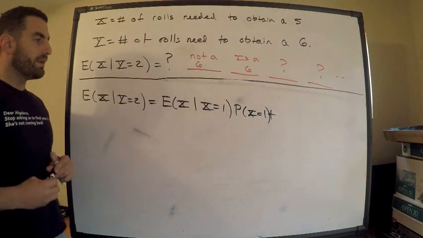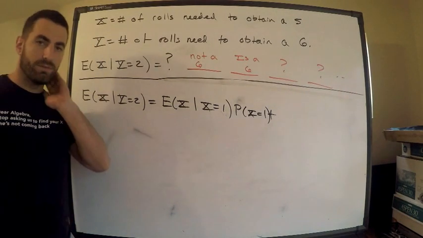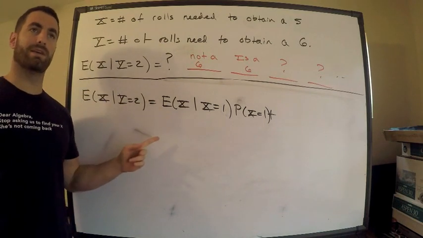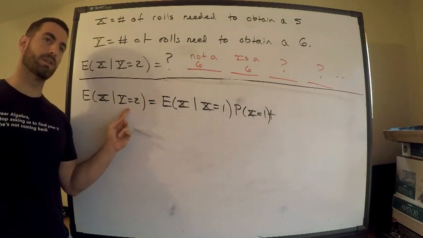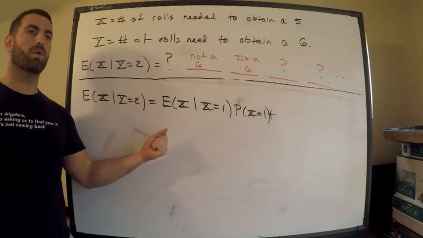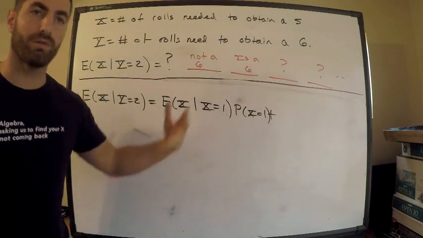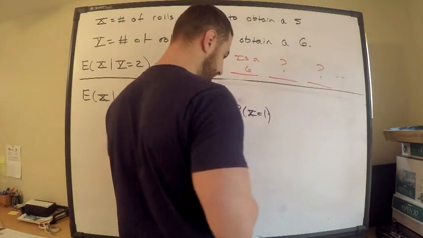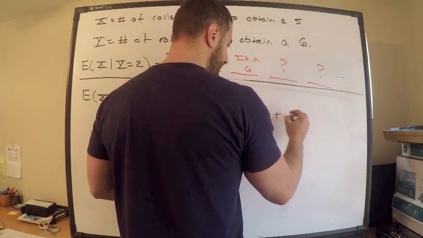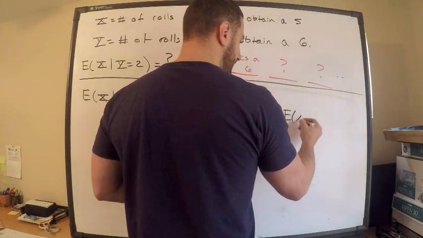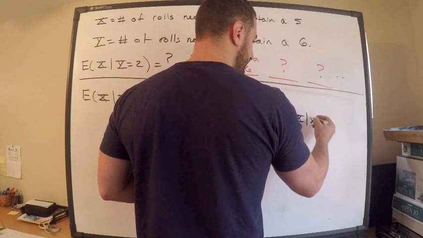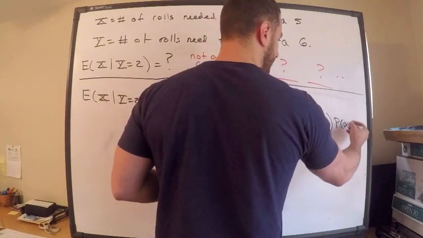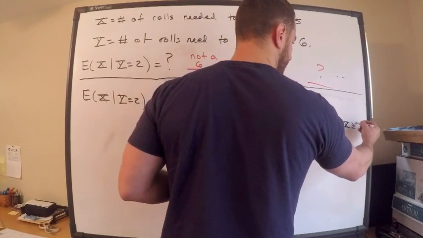Or, if the number of rolls needed to obtain a 5 is not 1, what is it otherwise, given that Y is 2? It's either the first roll or the third roll or greater. It's not the second roll because the second roll is a 6. So, plus the expected value of X given X is at least 3, times the probability that X is at least 3.